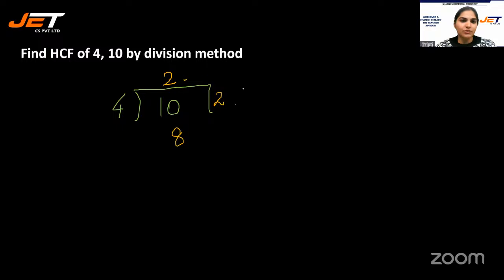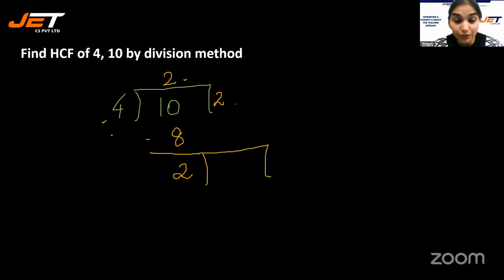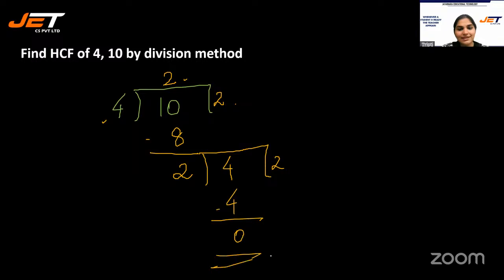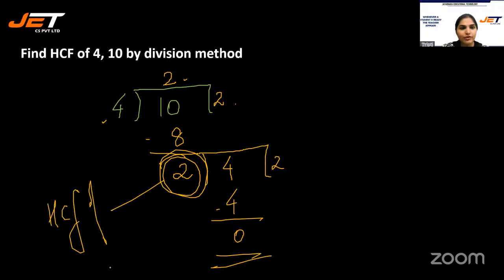Either place is correct. Subtract. 10 minus 8 is 2. This remainder 2 will become the divisor and the divisor which was there earlier, which is 4, will become the dividend now. 2 times 2 is 4. HCF is the last divisor that you have got. So this is the HCF of 4 and 10.